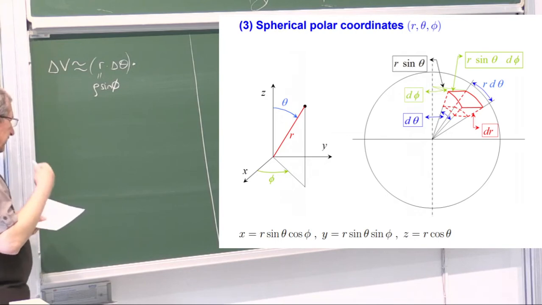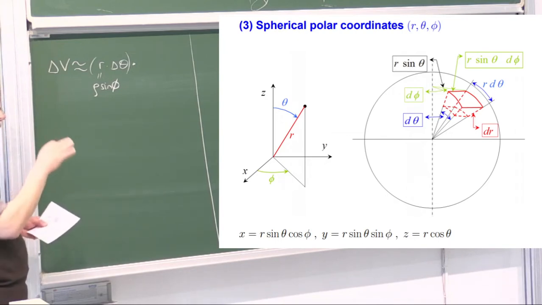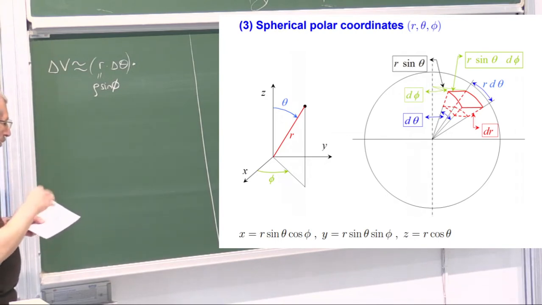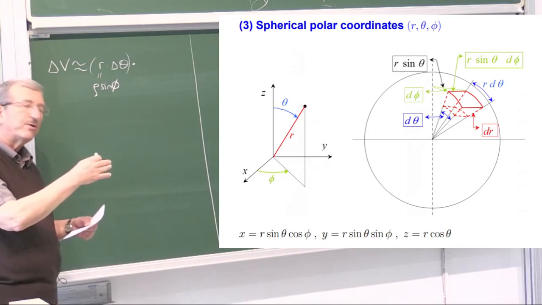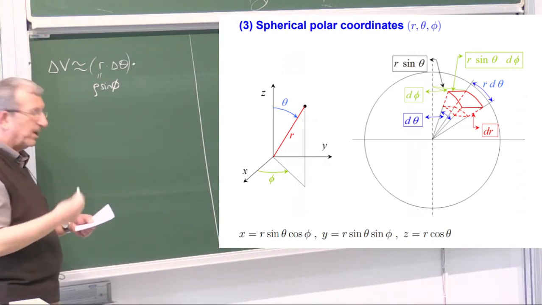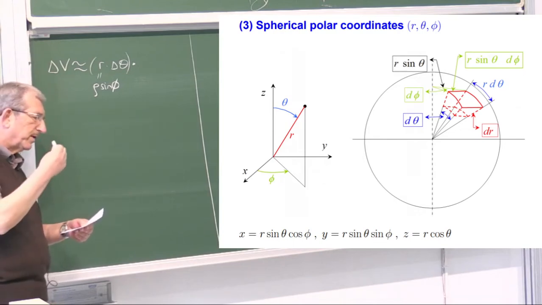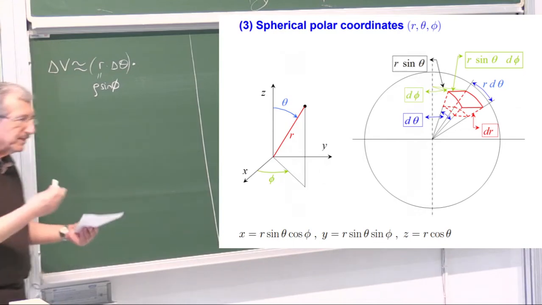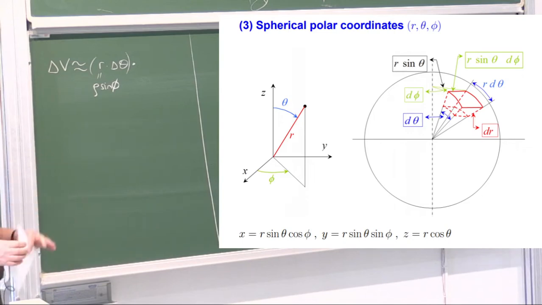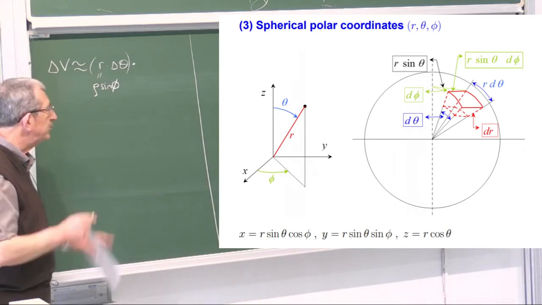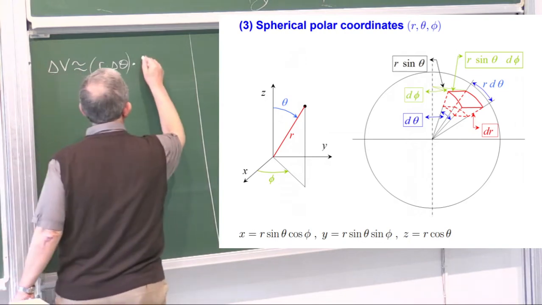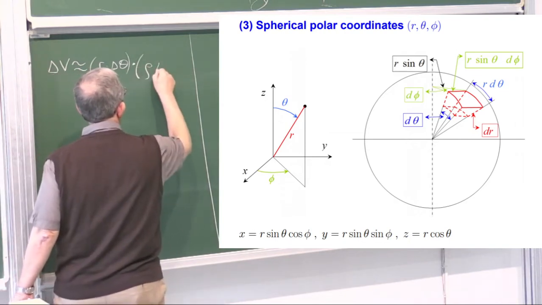Now, this delta phi is an angle where rho is constant. When rho is constant we actually have a sphere, but when phi is a fixed angle, it's an angle in a circle with radius rho. So the second part is rho delta phi.